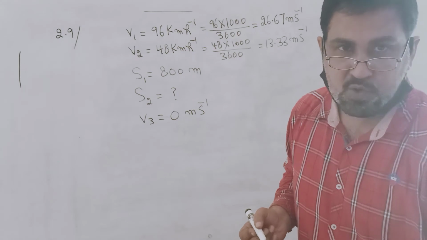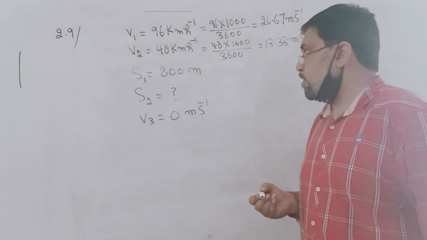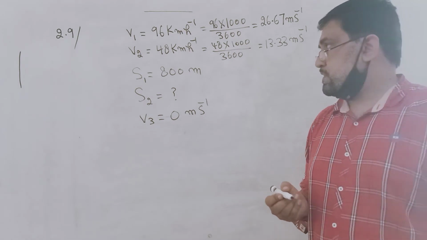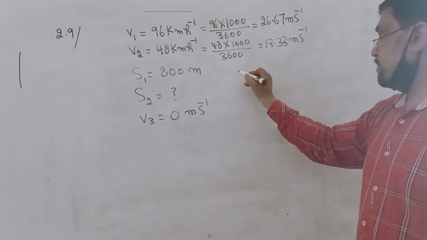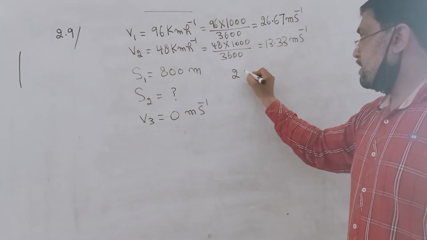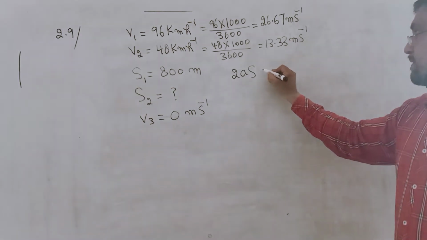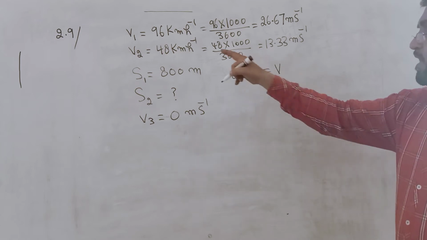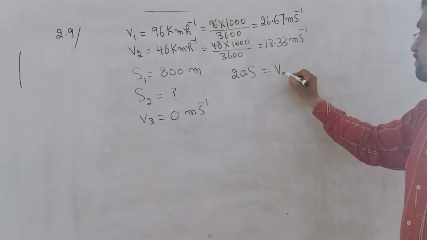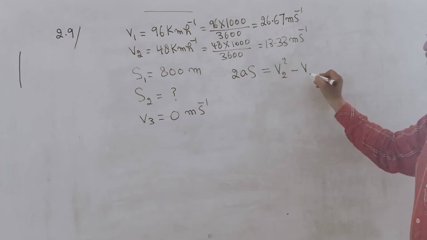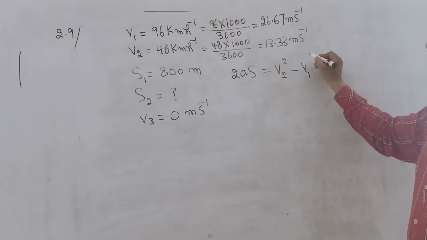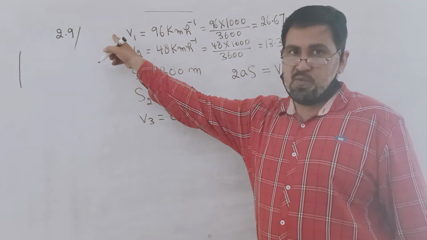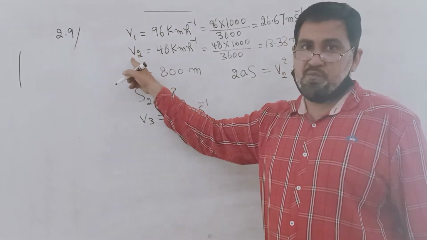In this numerical, first of all, we will find acceleration. For this, we use the third equation of motion. 2as is equal to Vf square minus Vi square. Here V1 is initial velocity and V2 is final velocity.